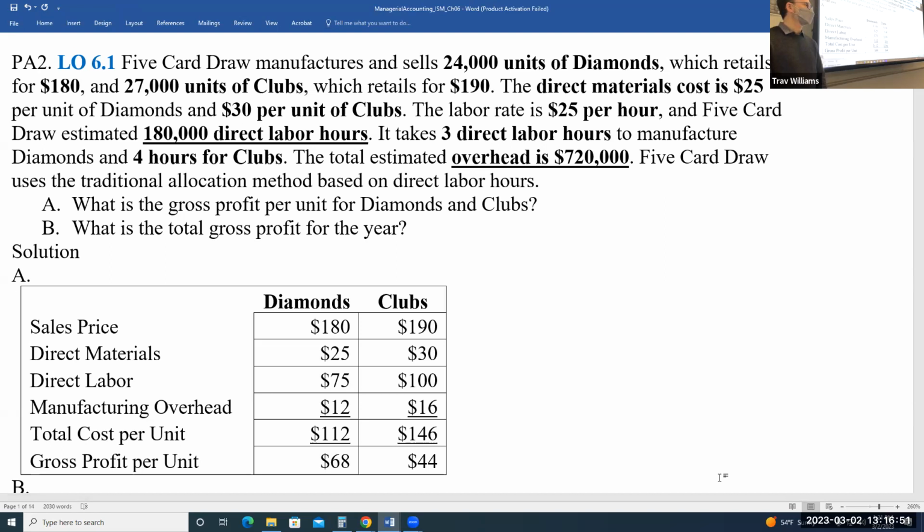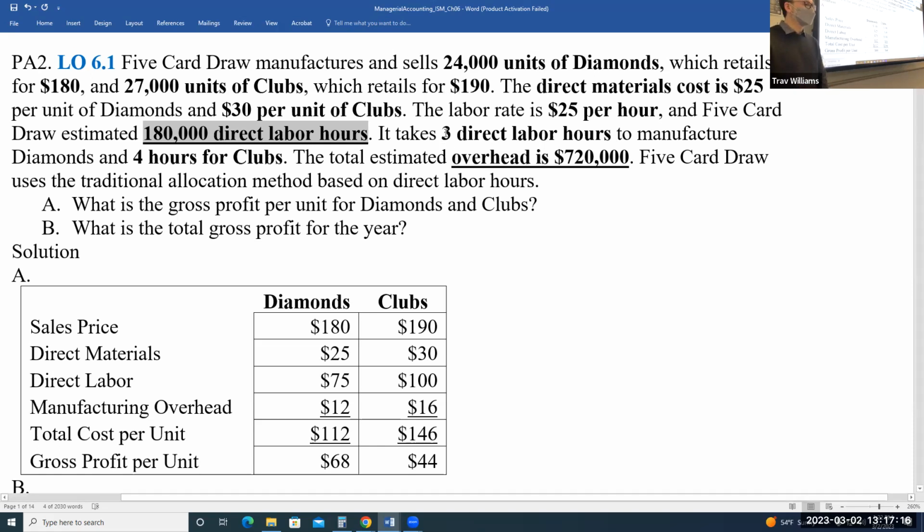Okay, any questions? Ellie? How'd you get the manufacturing overhead? You divided it, and then how'd you get the 12 and 16? Okay, yes, so we took the estimated overhead by the estimated activity, and we got the rate of $4 per hour. And they're using direct labor hours to apply overhead.